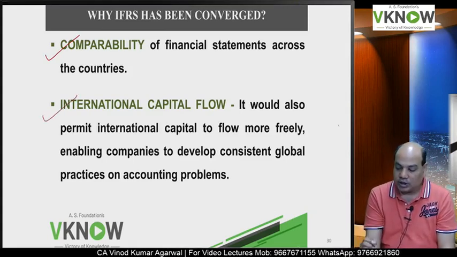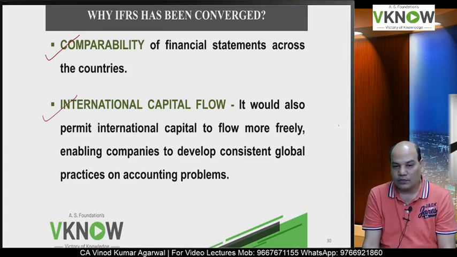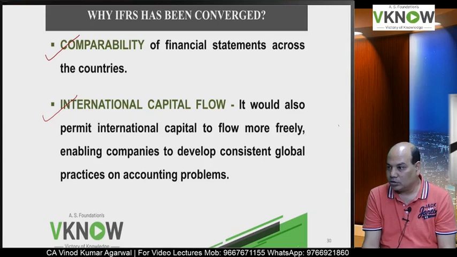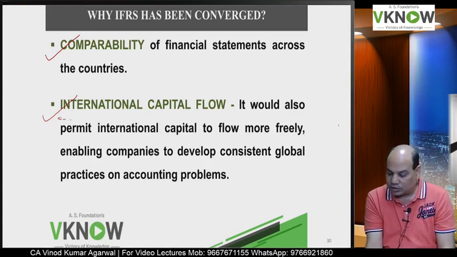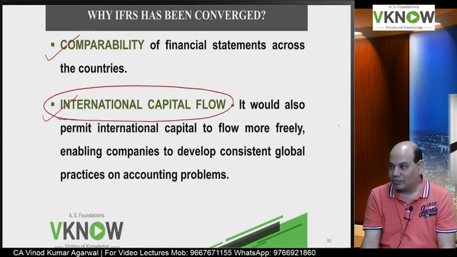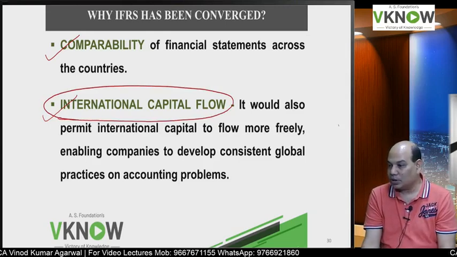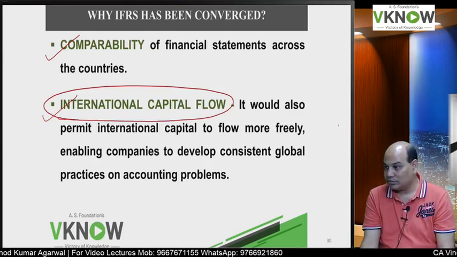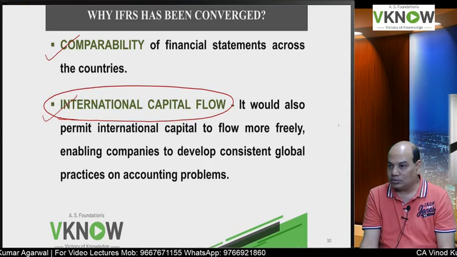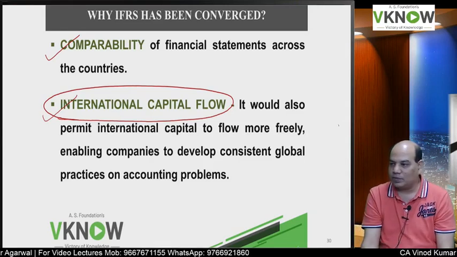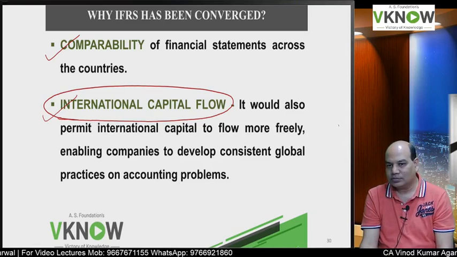Third reason why India decided to converge to IFRS is we want funds. It is not enough. Indian investors do not have deep pockets which foreign investors have, but foreign investors have conditions. We will give you money, but I want financial statements as per IFRS.